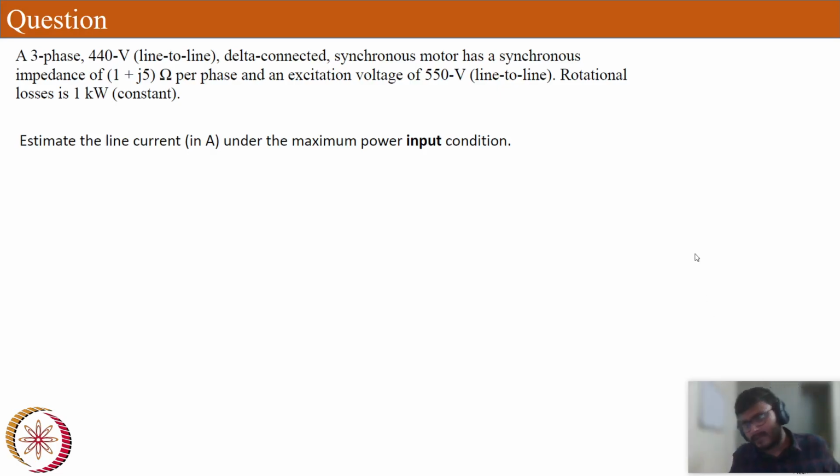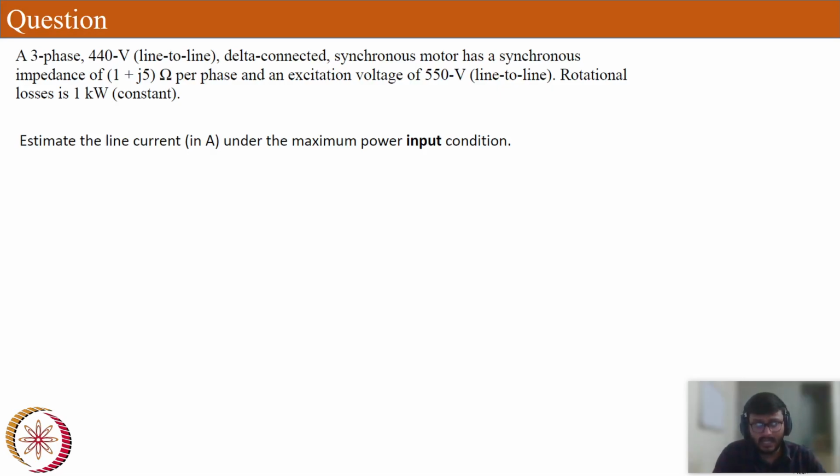Yeah, very basic problems, and also some interesting problems from the synchronous motor concept we will see, and let's proceed with the discussion. So let's read the question along with me. We are given a three-phase 440 volts line-to-line delta connected synchronous motor, and we are given the synchronous impedance Zs equal to 1 plus j5.